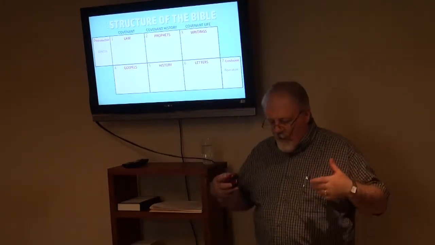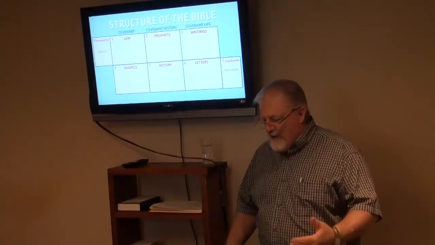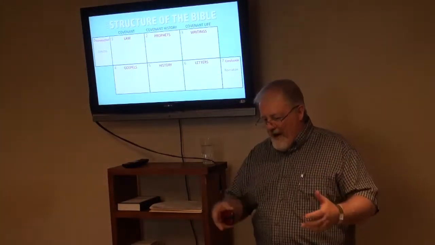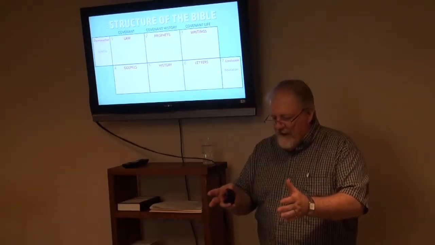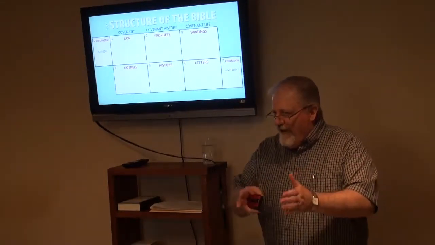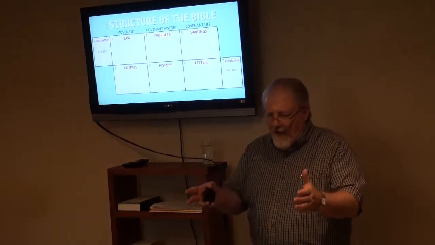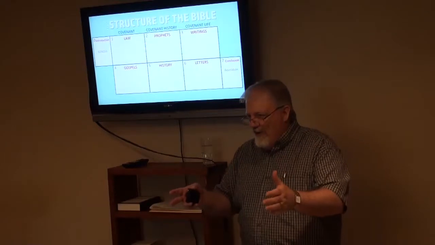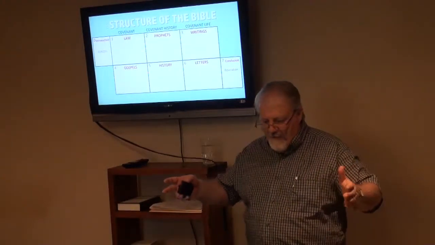And when he wrote in Hebrew, there were no vowels, there were no punctuation marks, there were no paragraph breaks, there were no spaces between the words. They just wrote letter after letter after letter. So how do you tell word from word and sentence from sentence and paragraph from paragraph and thought from thought?